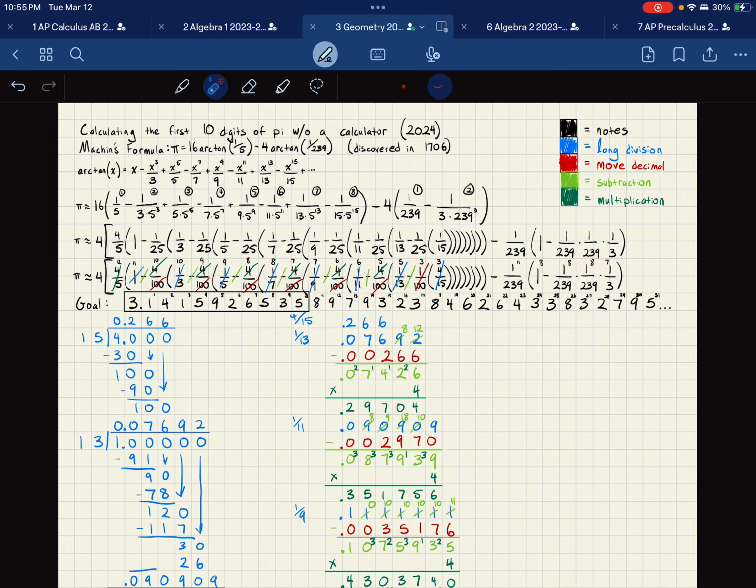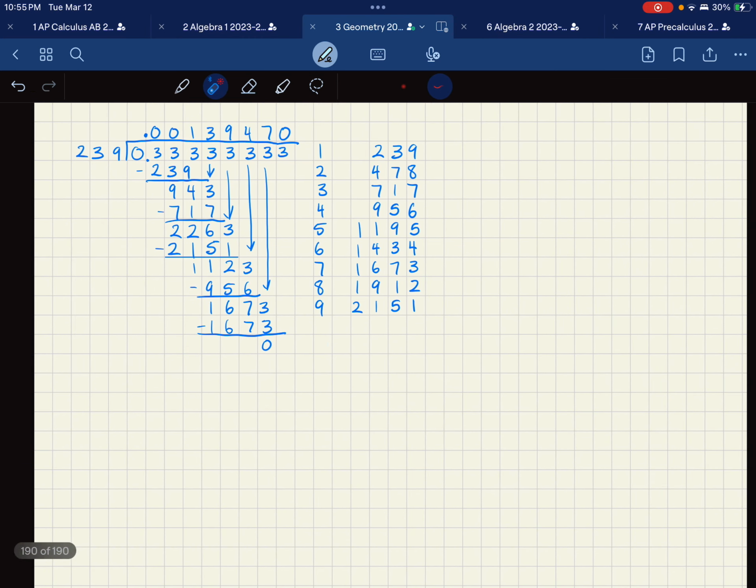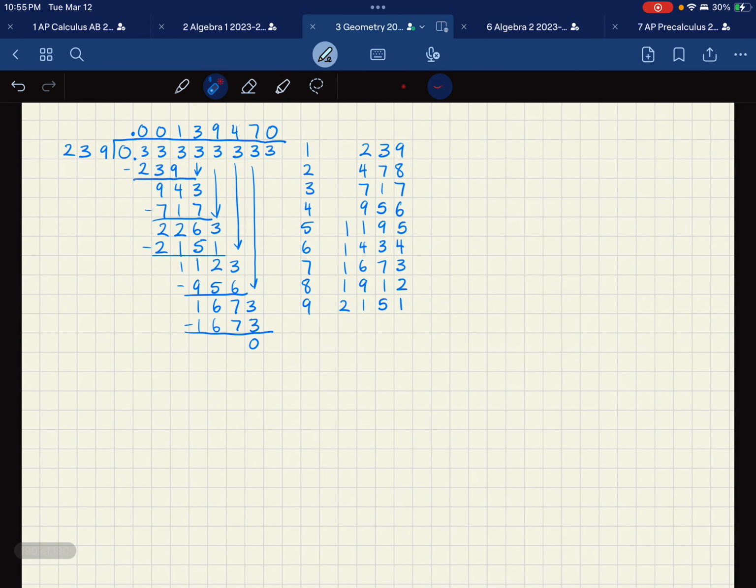Okay, and then I have my number, and I'm going to do what to it? I have done my long division of here and here, and I need to divide it yet again by 239. So take my answer, divide it by 239. So my answer was 0.0139470, and I divide that yet again by 239.